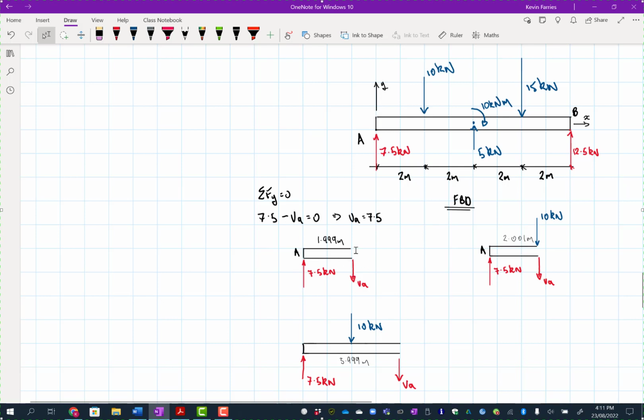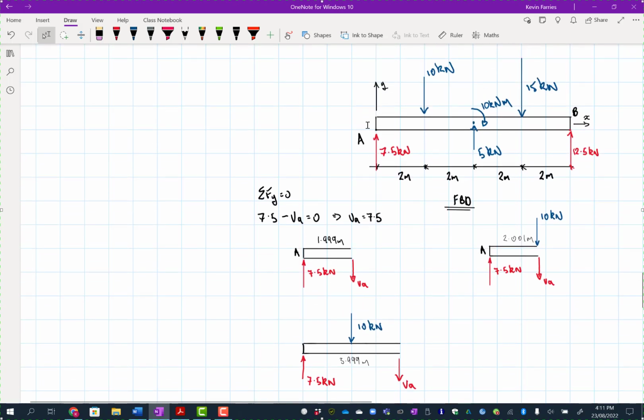A positive internal shear force means that VA is down on the right hand side. And therefore, when you sub that into Fy, you get this. So this force here is just the sum of the other forces.